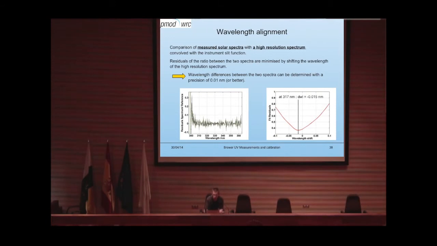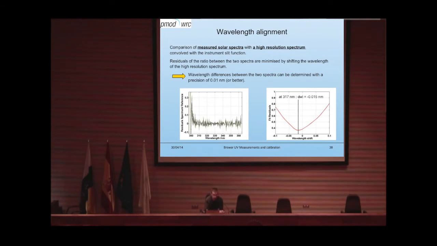So when we go back to our single instrument and we want to be independent of everything else and we want just to take that instrument, then there's not that much that we can do. But one thing that certainly can be done is that we can play with its own data, and something that has been done very nicely and where we have products that everyone can use is, for example, checking the wavelength alignment of the spectra that you are measuring.